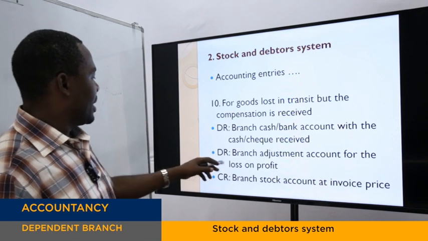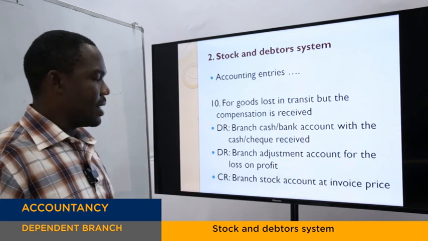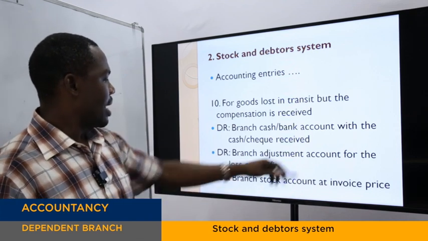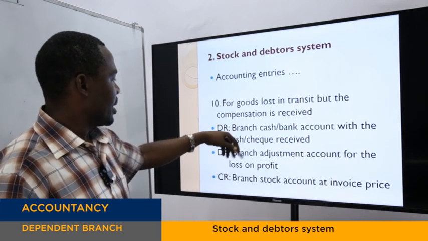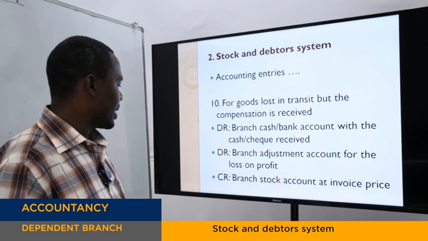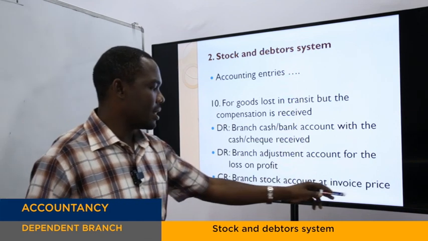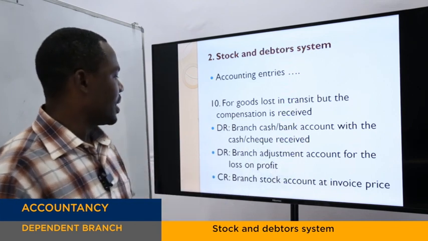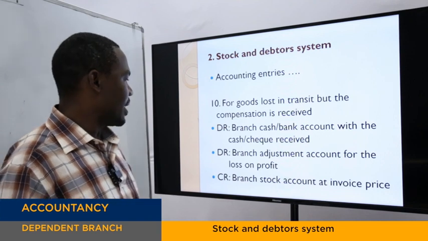Then we debit branch adjustment account for the loss, that is the difference between the amount of loss as compared to the receipt from insurance. Automatically, the double entry will be to the branch stock account for the same amount, for the goods lost or the loss suffered.